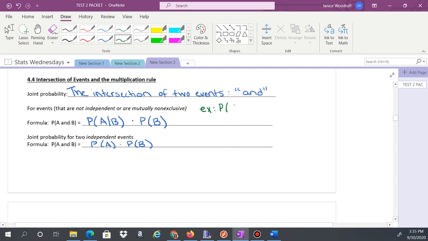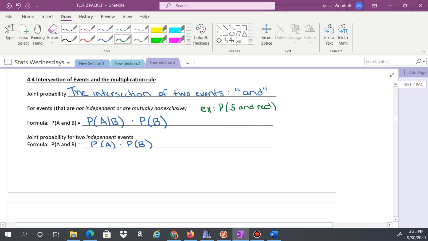A 5 and a red. Okay, so this would be an example. So I have a deck of cards, and I want the probability that I pull a 5 and that it's red. Can that happen at the same time? Yeah, it can happen at the same time.